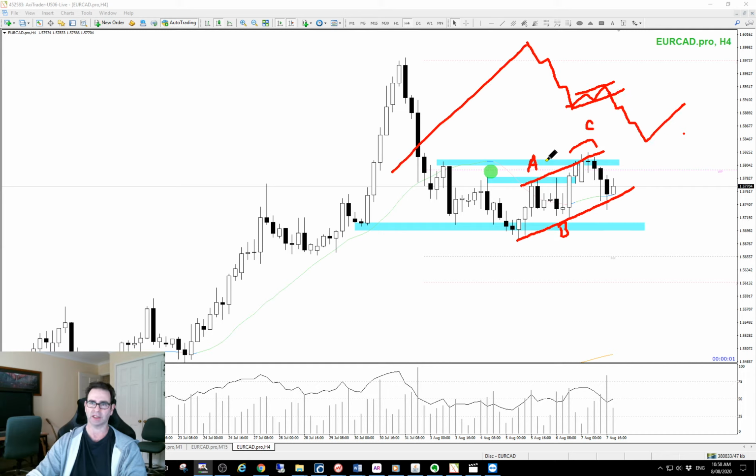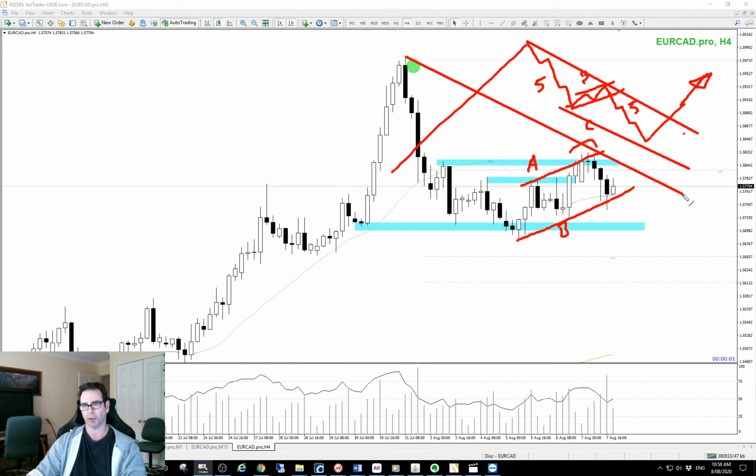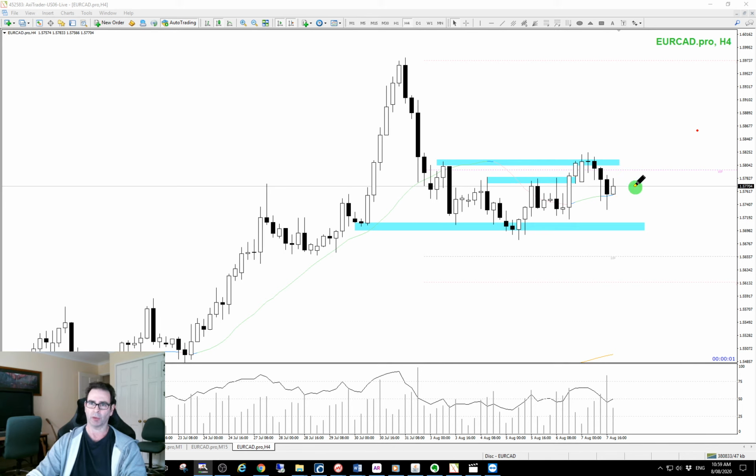So that is the classic zigzag structure. In Elliott wave terms, 5, 5, 3, 5. Then price heads back off again, all the while contained in a parallel channel. So that would be what I would be looking at when we get a break through the low, and of course projecting down like that.